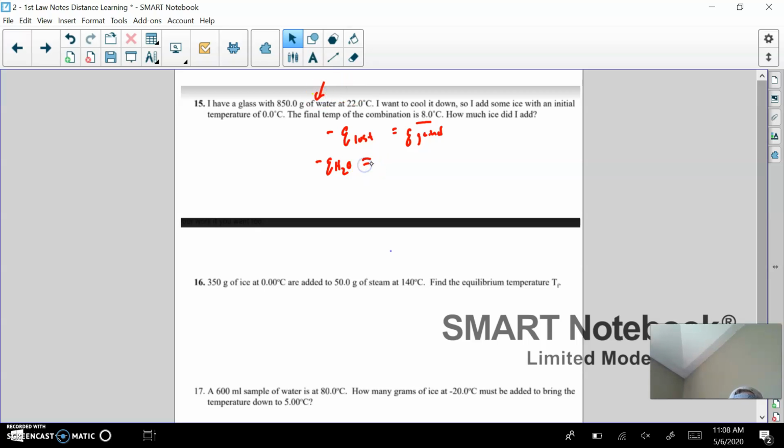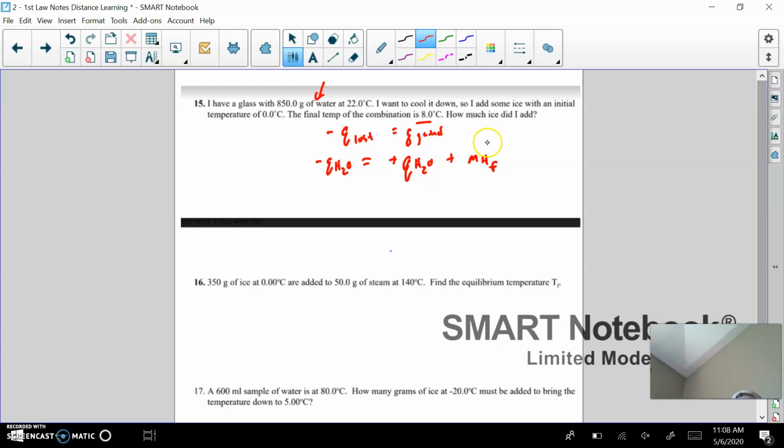But what you also have to include is, since it's 8 degrees Celsius, that is going to be all liquid water, right? So we're going to have Q H2O plus the MHF. That's our old stuff from part B, so you have to include that in there.